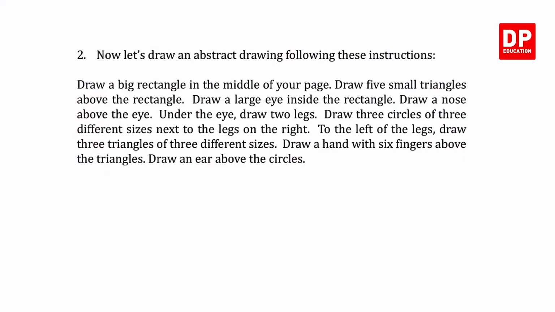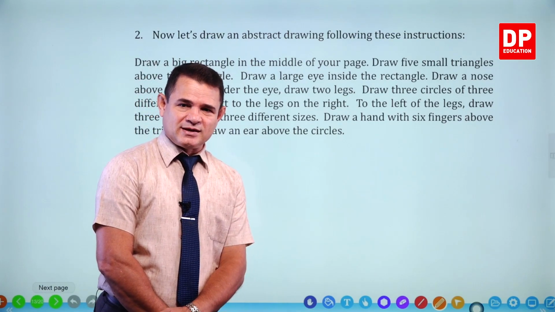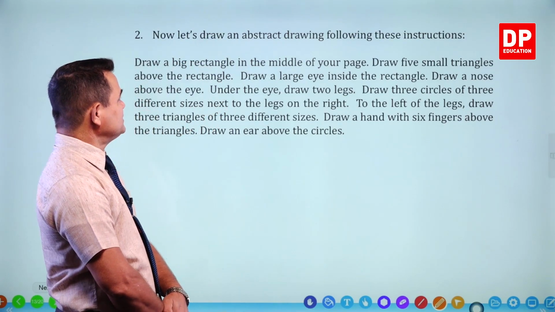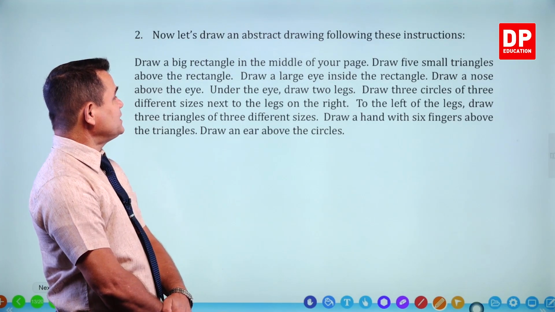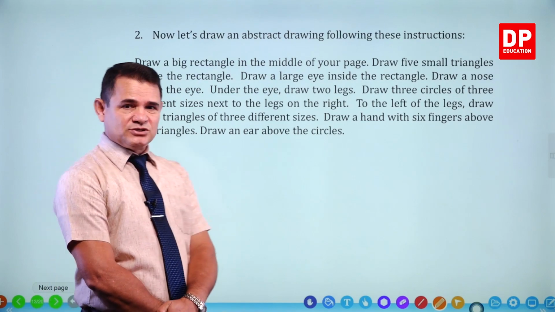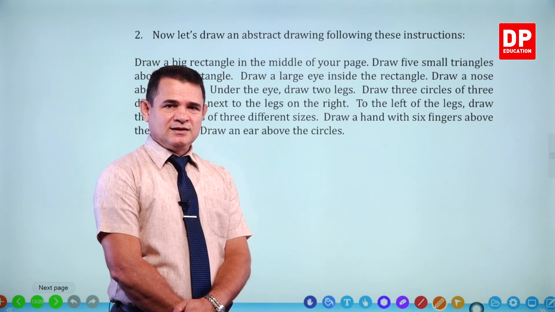And now next one. Now let's draw an abstract drawing following these instructions. Another one. තවත් drawing එකක්. මෙන්න මේ උපදෙස් ටික follow කරගෙන, right? Draw a big rectangle in the middle of your page. You know the shapes ටික දන්නවනේ.